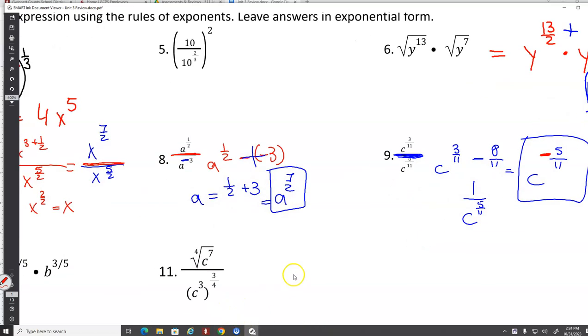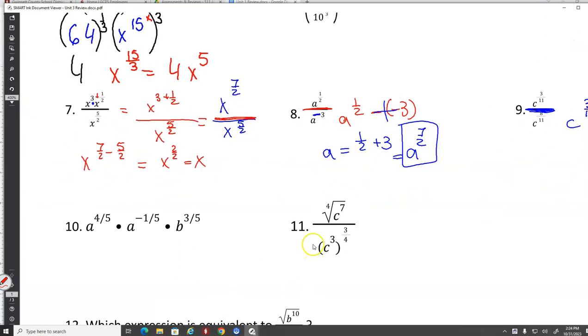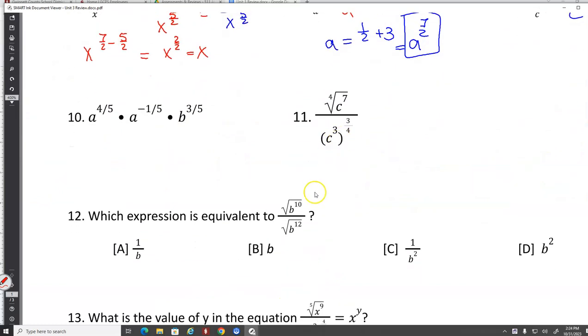All right, let's move on to number 10. Again, you can only work bases that are the same. So A with A, B does not belong. I have a multiplication here, which means I'm going to add their two exponents. So I'm going to just work 4/5 plus -1/5, okay? That is the only two that I can add together.